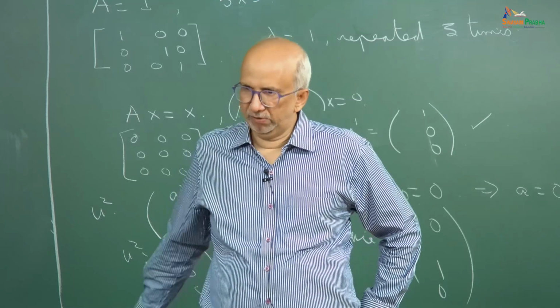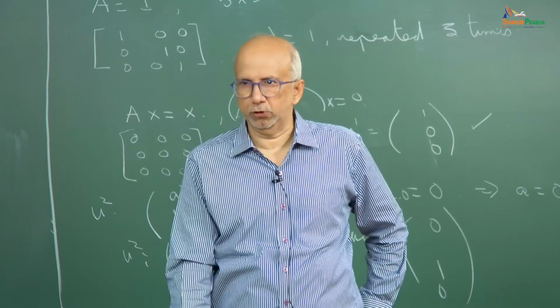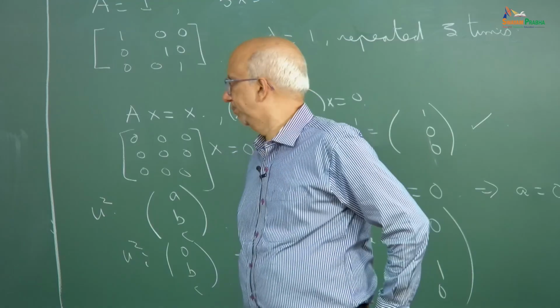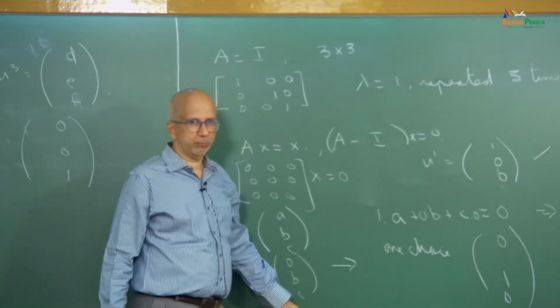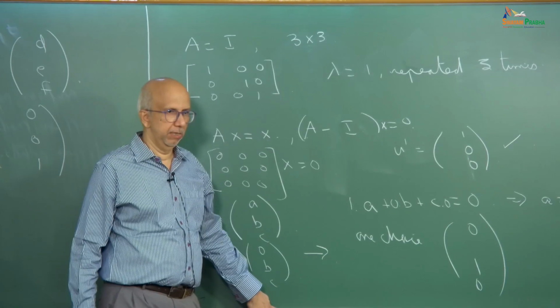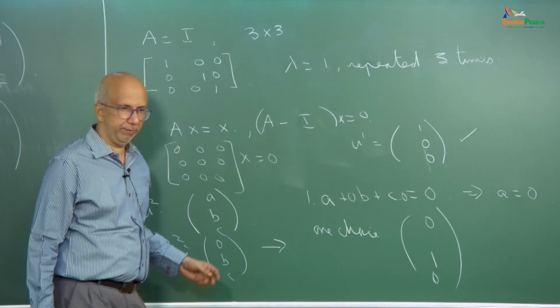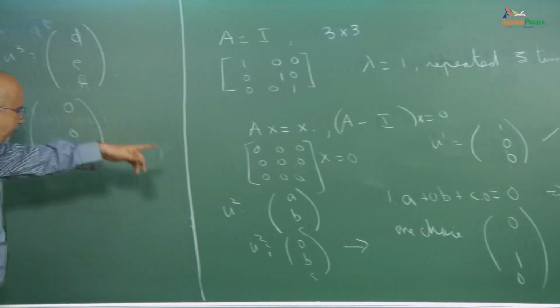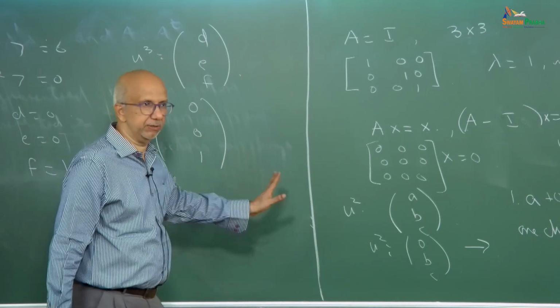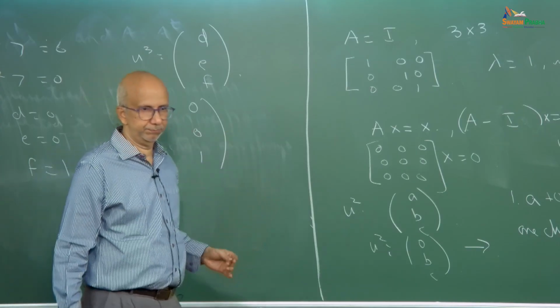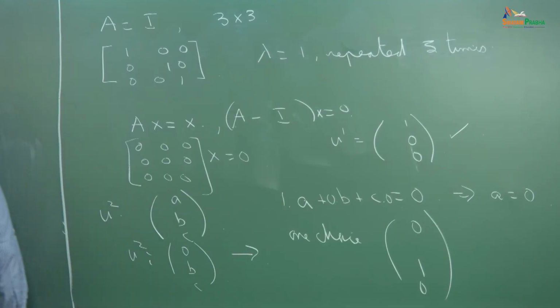What I have given you is one choice of orthogonal. You could have chosen here 1, minus 1, that is also orthogonal, because b plus c, or b minus c, is 0. It does not matter, but the third one will be different.